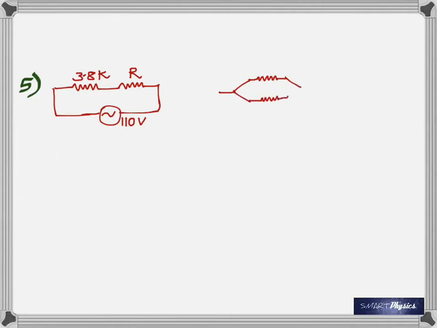Number 5. You have two resistors of 3.8 kilo ohms and an unknown resistance connected across 110 volt.